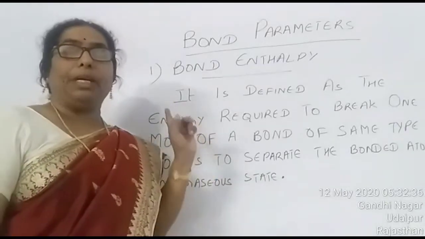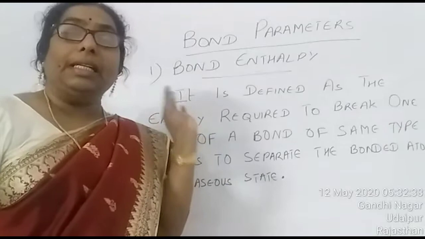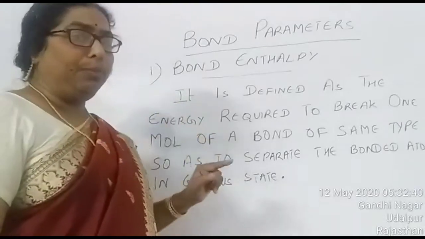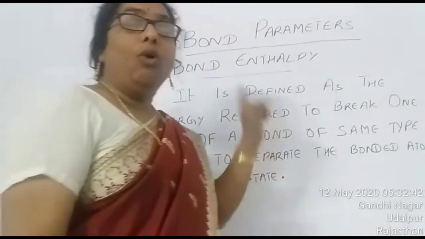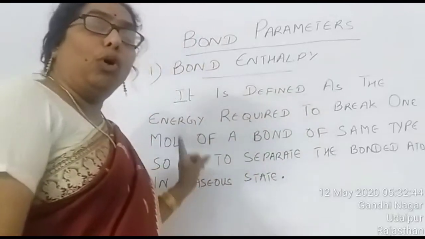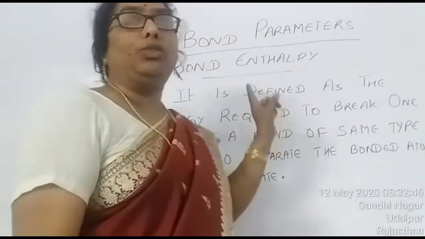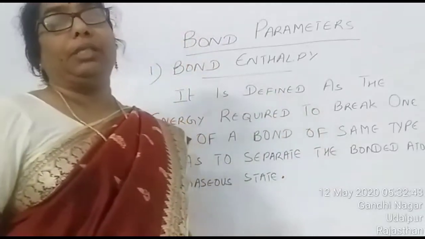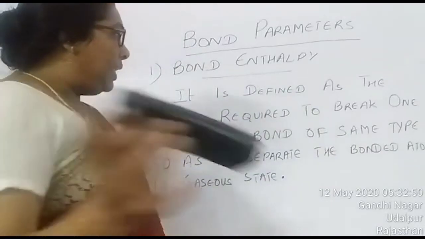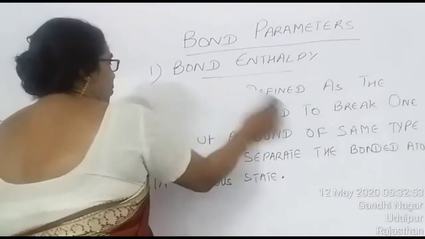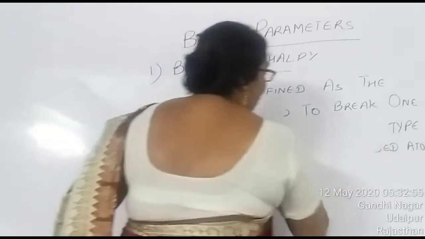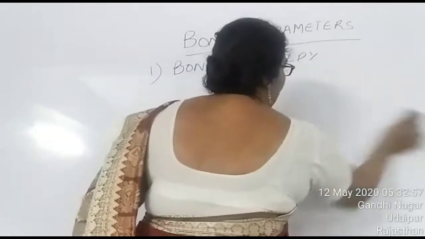Is it clear? I will repeat it once more. It is the energy required for what purpose? In order to break 1 mole of a bond of the same type so as to separate the bonded atoms in the gaseous state.